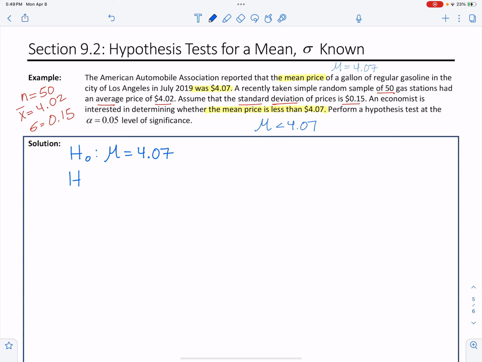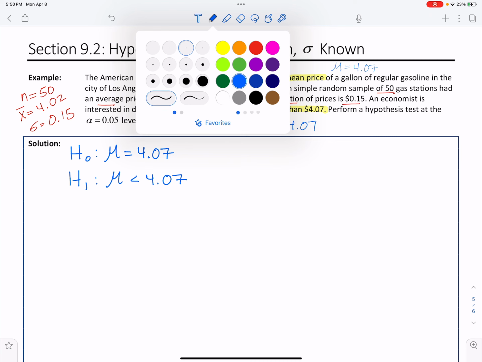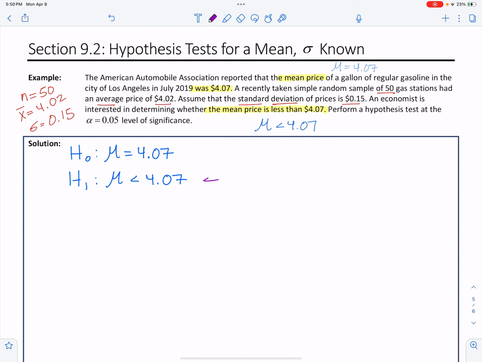The alternate hypothesis, H1, in this case, is going to look at the hypothesis that states the mean is less than $4.07. Based on this alternate hypothesis right here, containing less than, I can go ahead and state that this is a left-tailed alternate hypothesis.